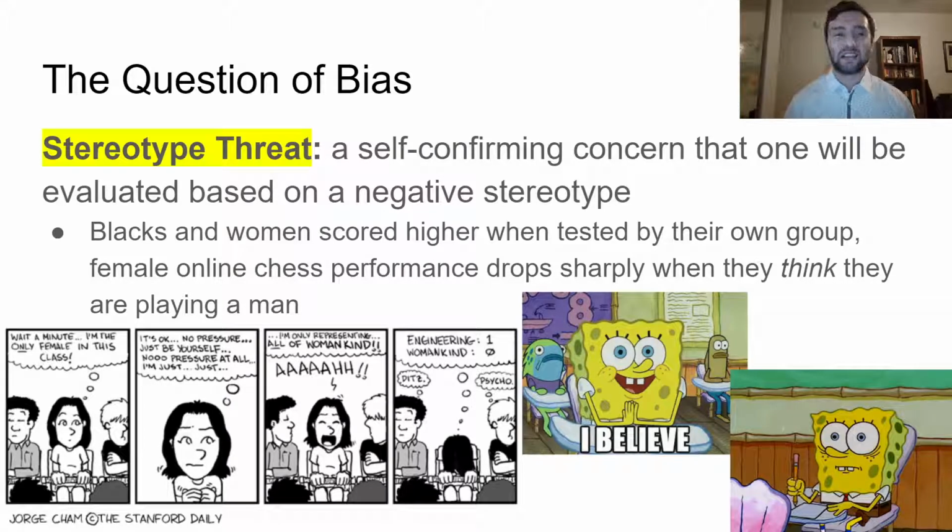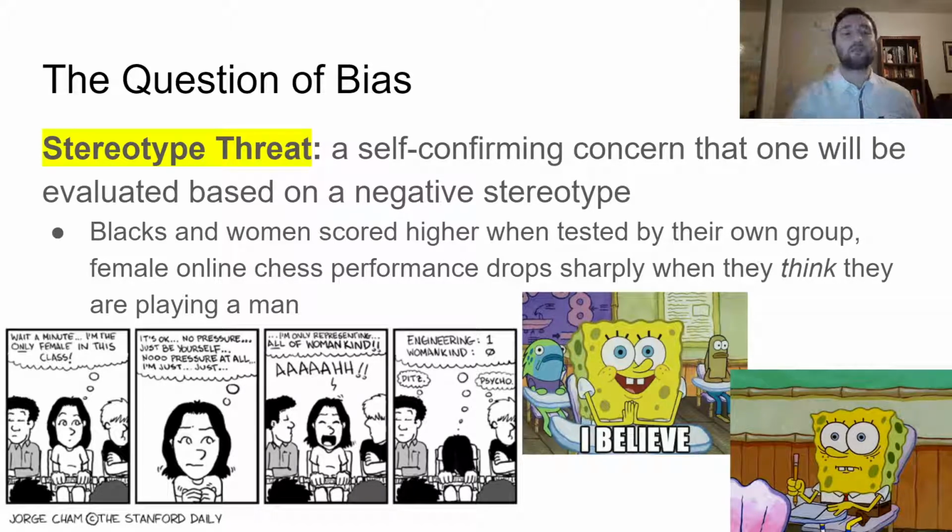The idea is that when you're in a situation where, especially if you're a minority, you feel there's a stereotype about your group, you might worry about confirming it and being evaluated poorly based on a stereotype people have of you. Because of this worry, you actually end up causing yourself to perform worse.